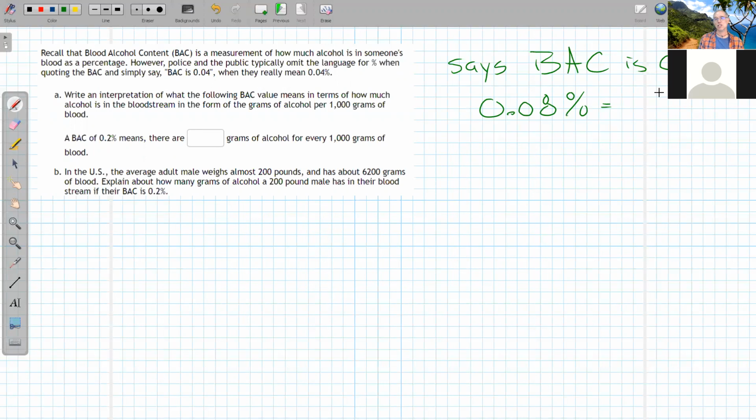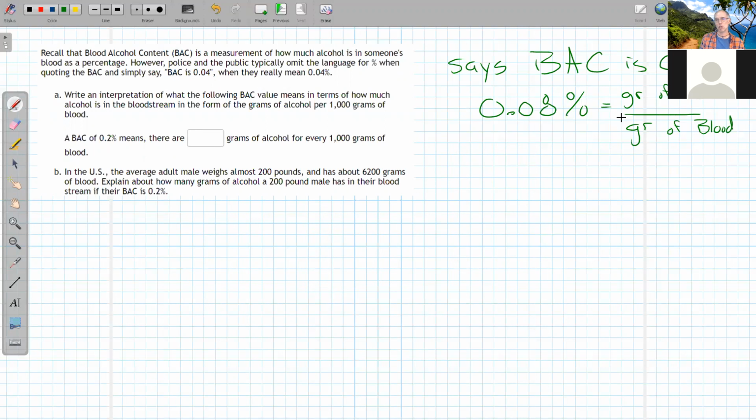That percentage is a measurement of grams of alcohol to grams of blood in a person's body. So remember, what does the percent symbol mean? The percent symbol means divide by 100.